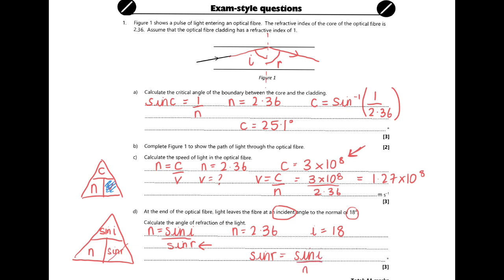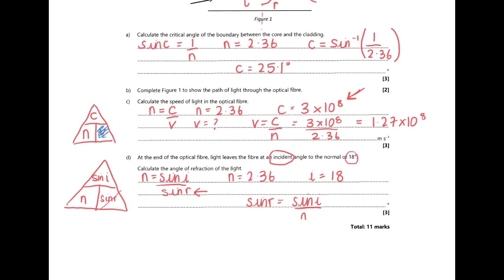So I could type that into my calculator and get an answer now, but it's going to be a decimal with lots of numbers. So instead, I'm going to finish rearranging before I even type it into my calculator. This would give me sine R. I just want R instead. So what I'd do, R would be equal, and I'm going to use my sine minus 1 button again. R is equal to sine minus 1 of sine I divided by, not sine, divided by n.